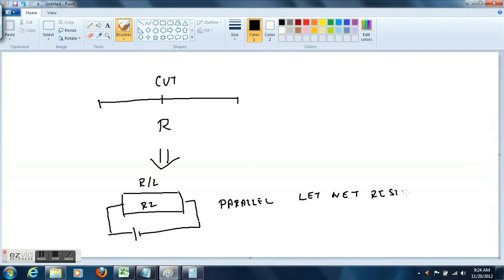Now let the net resistance be R1. Therefore 1 by R1 equal to 1 by R upon 2 plus 1 by R upon 2.